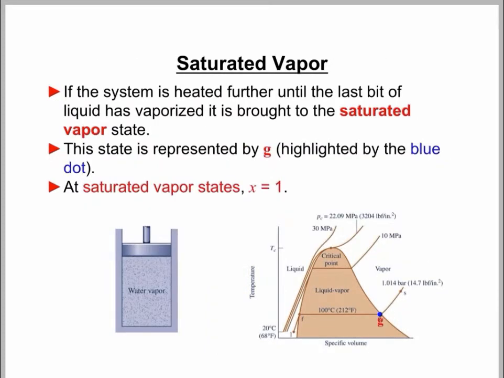Once you have added enough heat such that you are at this location, for atmospheric pressure, you are now at 100% vapor. Any additional heat that you add into this system, still being at a constant pressure due to this schematic, will now make the temperature value increase.